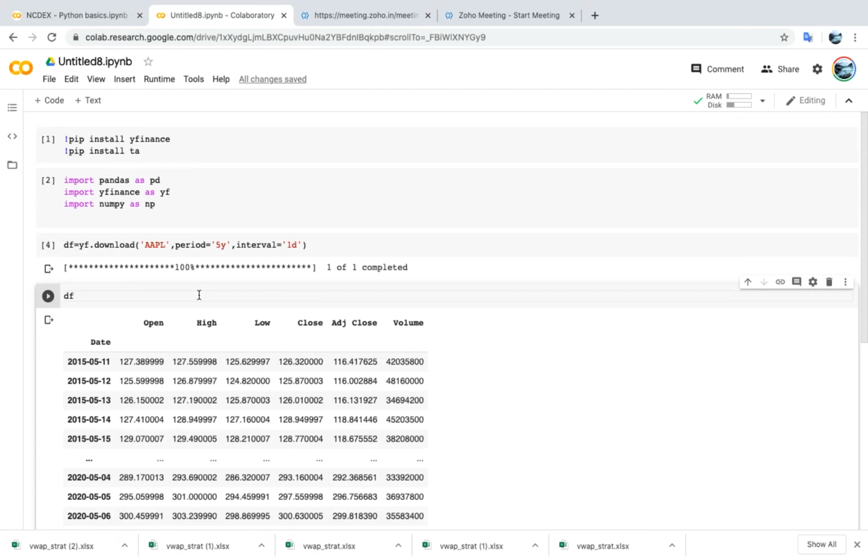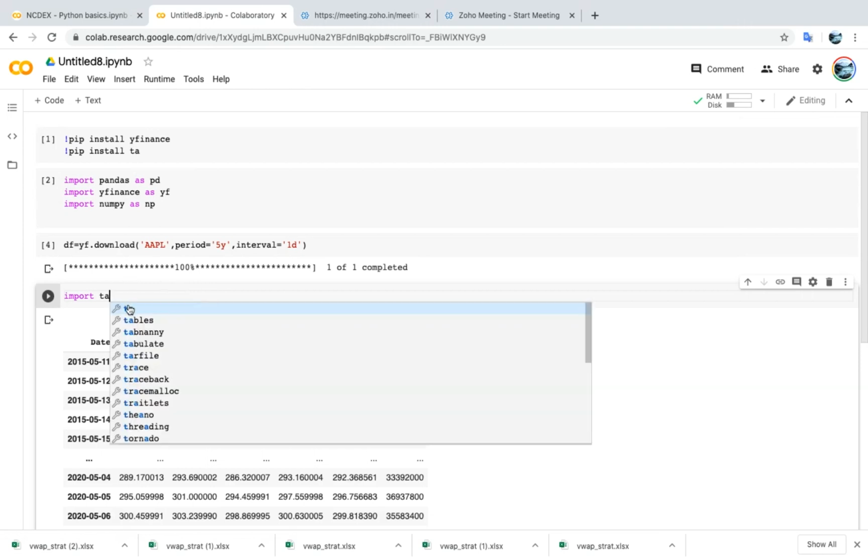I think everybody must have heard of VWAP, volume weighted average price. So we will try to build some strategy based on VWAP. But before that, let us see how to use TA, whether we can use TA or not.